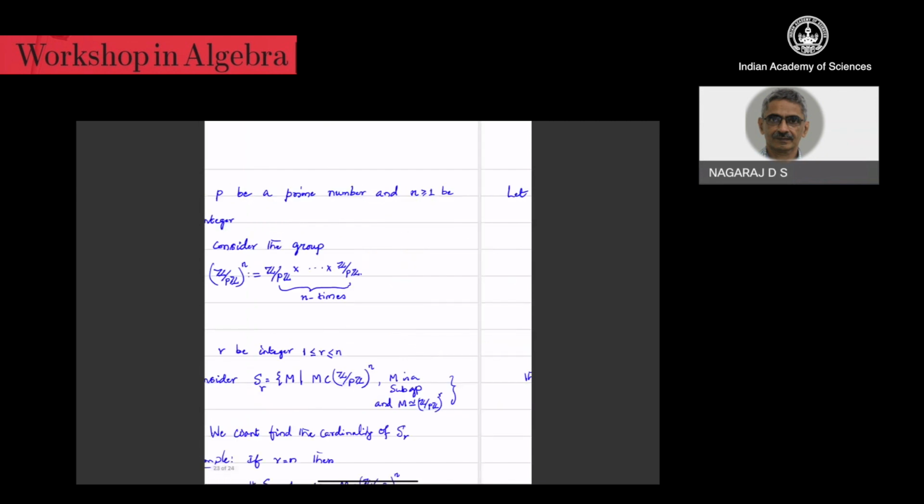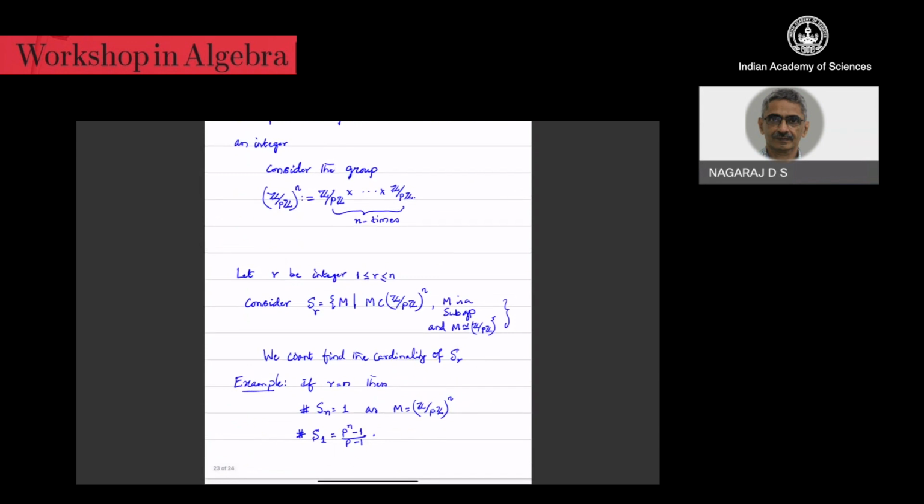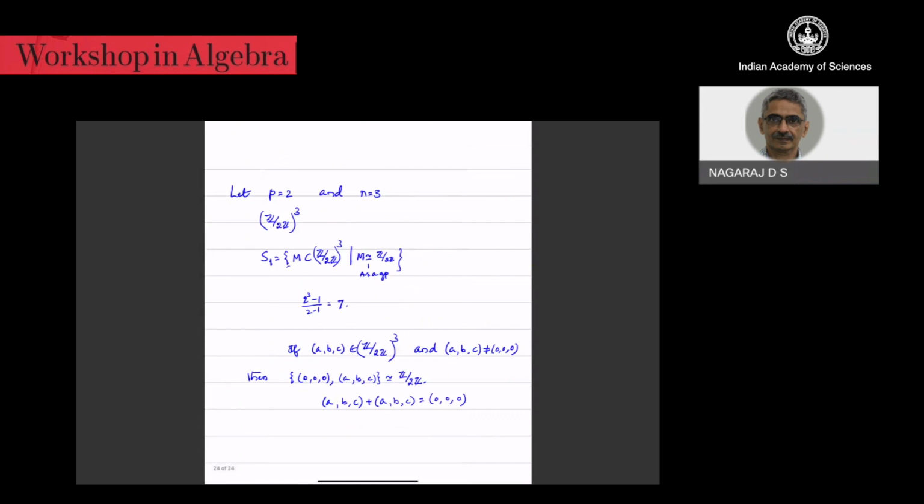So let's look at here. P minus 1, P is 2 for me, n is 3. Okay, so that is 2 cubed minus 1, so 7. P minus 1, P is 2, so 2 minus 1 is 1. So the cardinality of the set S_1 in this case, I should have written corresponding to the prime number 2.